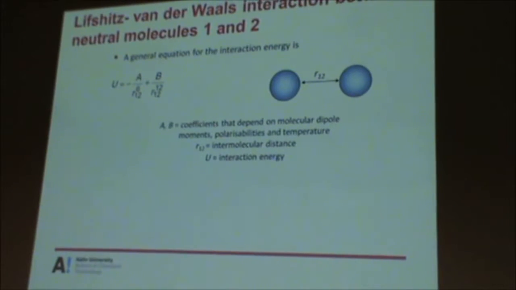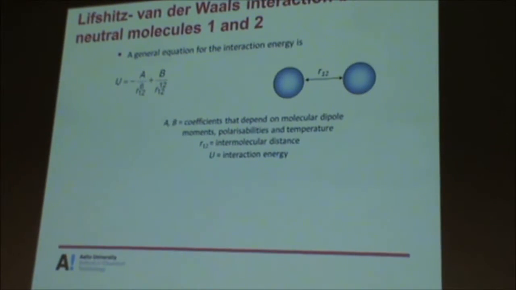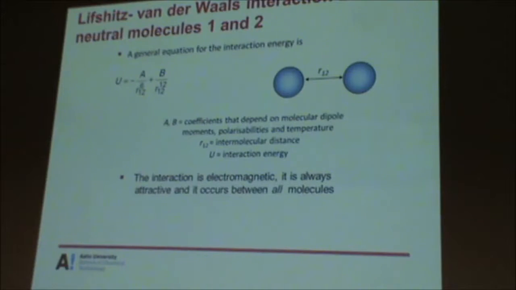Now these are some formulas which show the relationship between the distance and the magnitude of interactions. Not very important, but we need to keep in mind that the relationship is r to the power 6 and r to the power 12, so it falls off very rapidly. If you remember the electrostatic interaction, that falls as 1 over r squared. So electrostatic interactions fall less rapidly as a function of distance. By electrostatic interactions, I mean Coulomb.